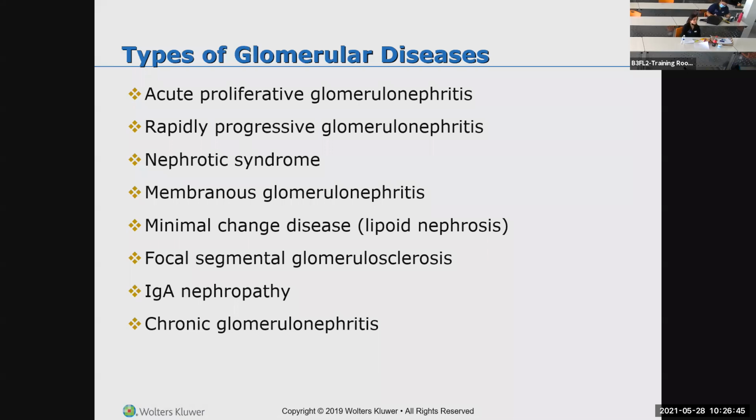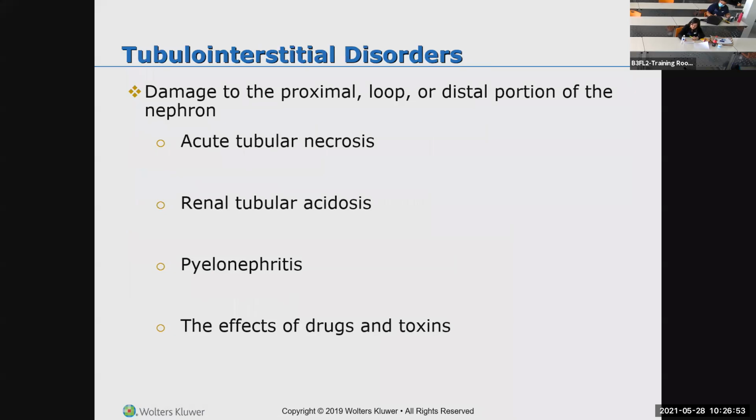So from here, remember: nephrotic syndrome, acute glomerulonephritis, chronic glomerulonephritis, tubulointerstitial disorders, damage to the proximal tubule, loop of Henle, or distal convoluted tubule. Maybe acute renal tubular disorders, pyelonephritis, which I mentioned earlier.